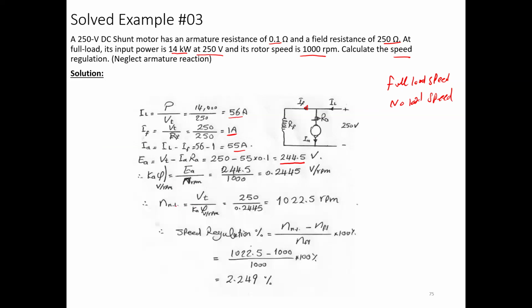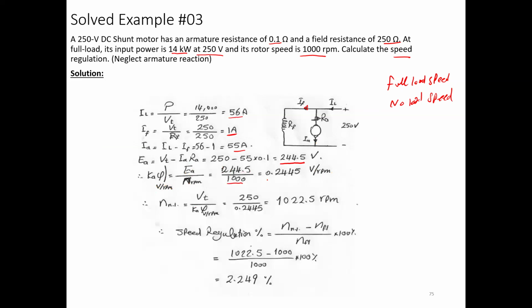So you can combine the KFI together, and you can play with the units. Instead of E divided by omega, it could be E divided by N. So instead of volt per radian per second, it can be volt per RPM. So we can say now, induced volt is 244.5 divided by the value of N.